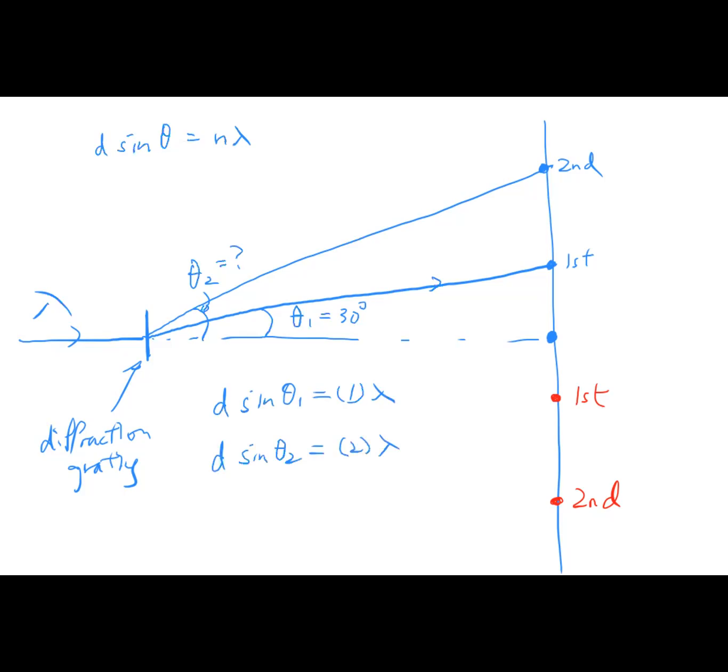Now we are looking for theta 2, right? We can calculate that basically by using the first equation divided by the second equation. So when I divide that, I can cancel the lambda, cancel the d, so that's cross multiplication. 2 sine theta 1 equal to sine theta 2.